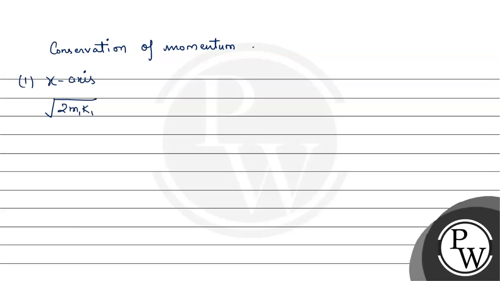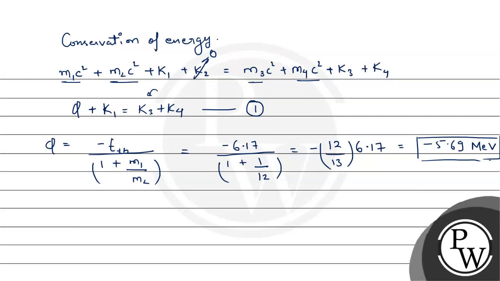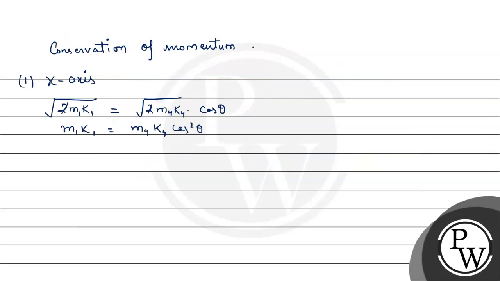So it must be equal to root 2 m1 k1 for the neutron. It must be equal to root 2 m4 k4 into cos theta, because it is the cos component. So root 2 gets cancelled, and squaring both sides we get m1 k1 equal to m4 k4 cos square theta. Now let us keep in mind that we are going to make a relation between k4, k1 and k3.